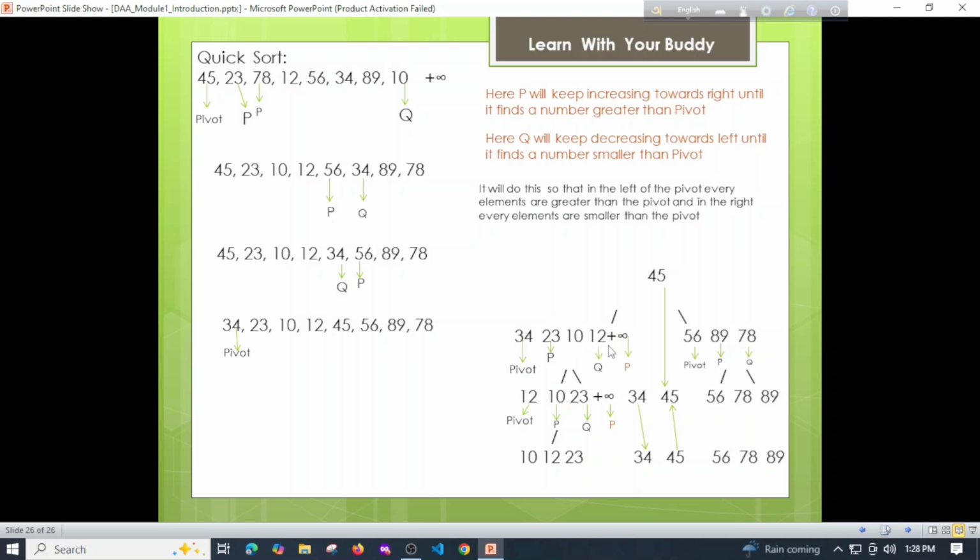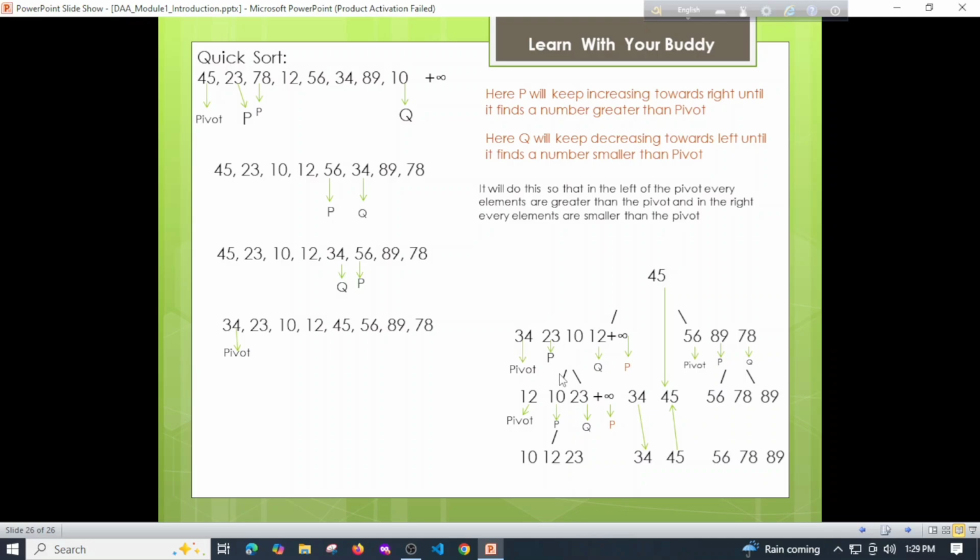Then we can see that we have Q. Q is less than 34, so we will swap Q and P, and as Q crossed P, we will replace the pivot with Q. So in the next line, 34 came in the place of 12, and 12 went to the place of 34.